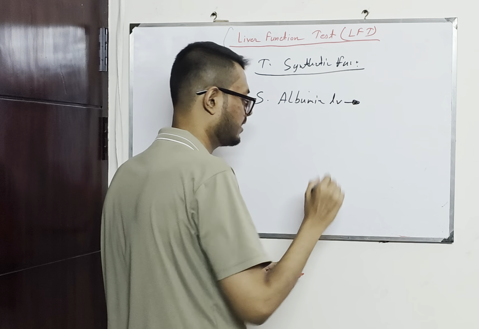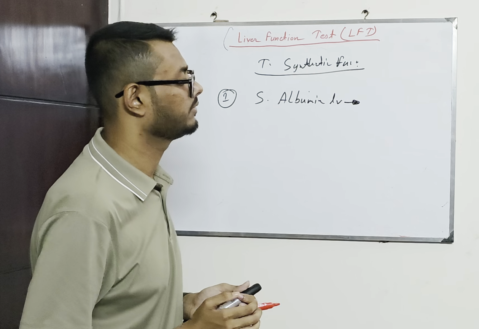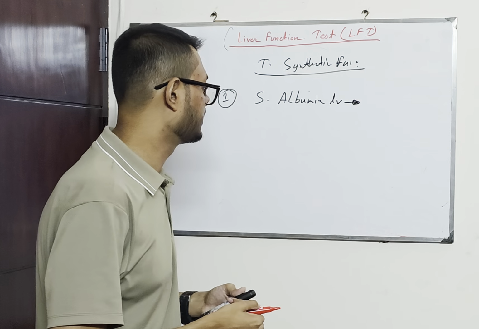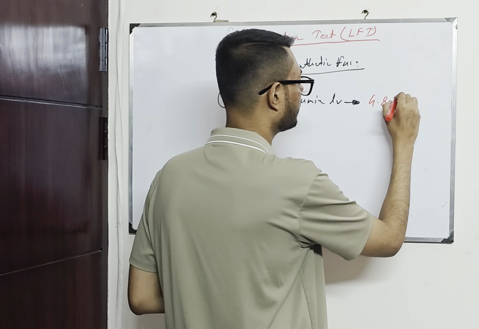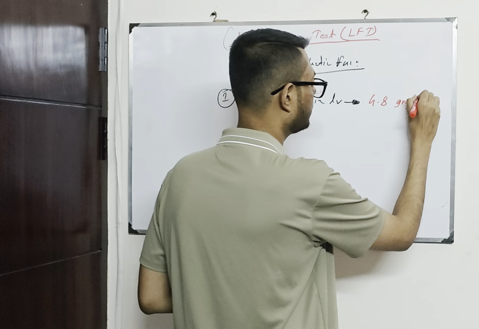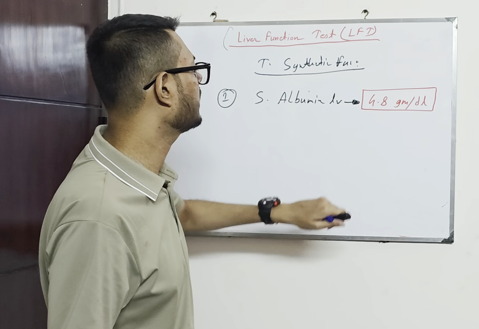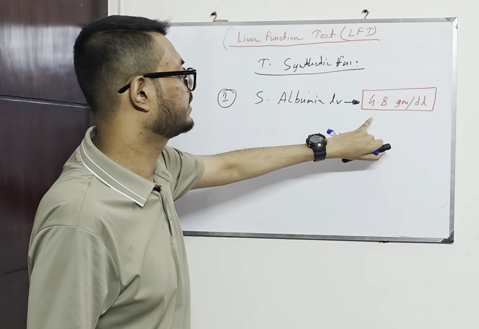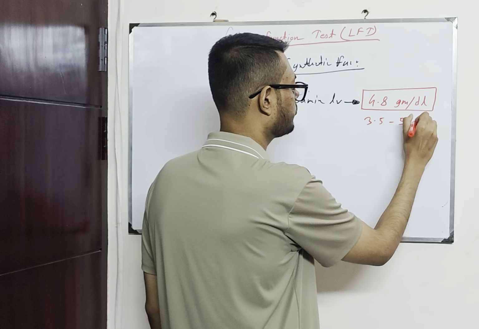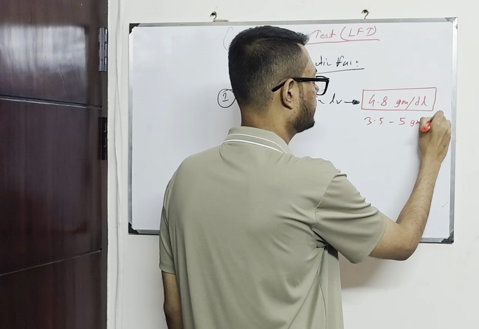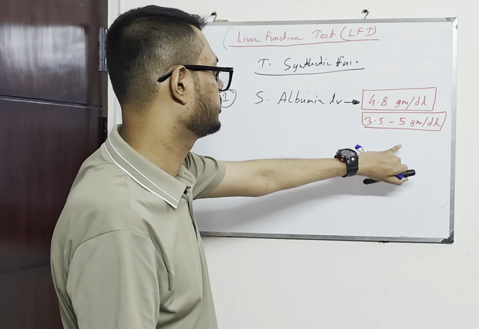What is the normal value of the serum albumin level? The normal level is 4.8 gram per deciliter. What is the range? The range is between 3.5 to 5 gram per deciliter.